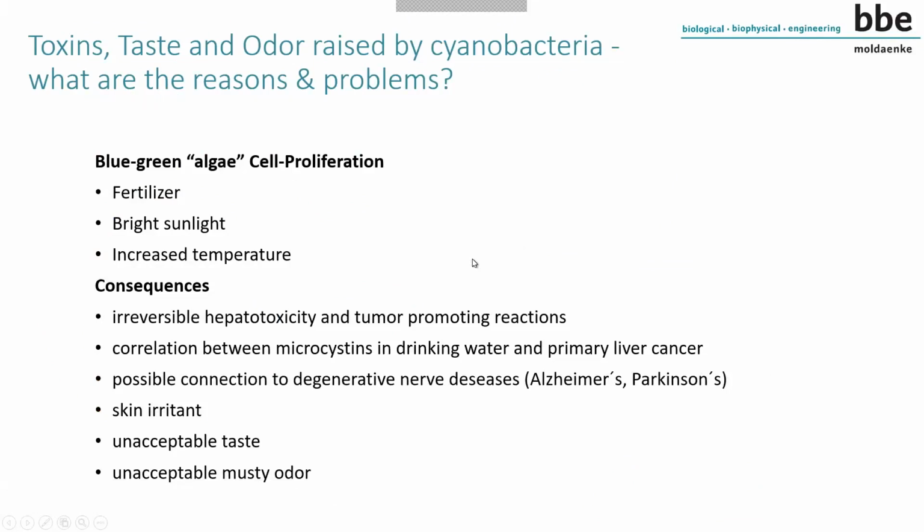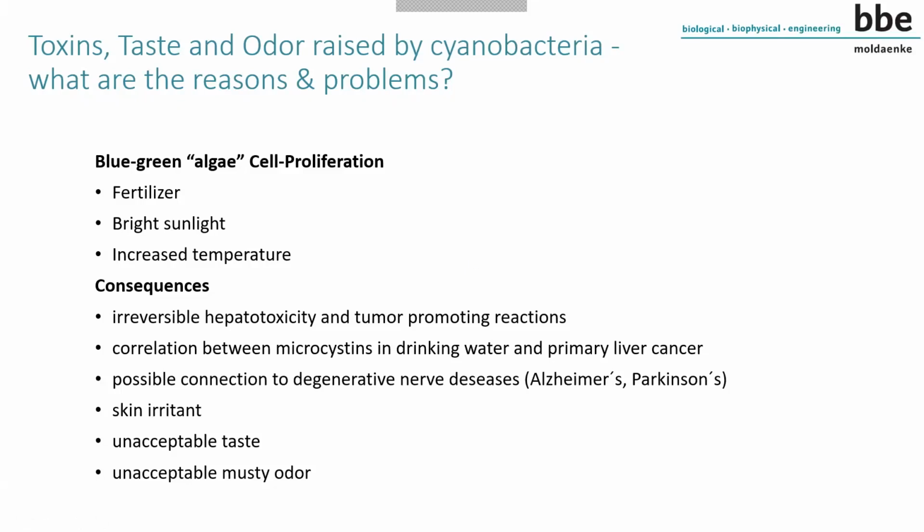And phosphate is very good for the growth of cyanobacteria. And as the fertilizers are washed out from the fields into the water, they come into the lakes and the rivers, and allow the blue-green algae to proliferate.